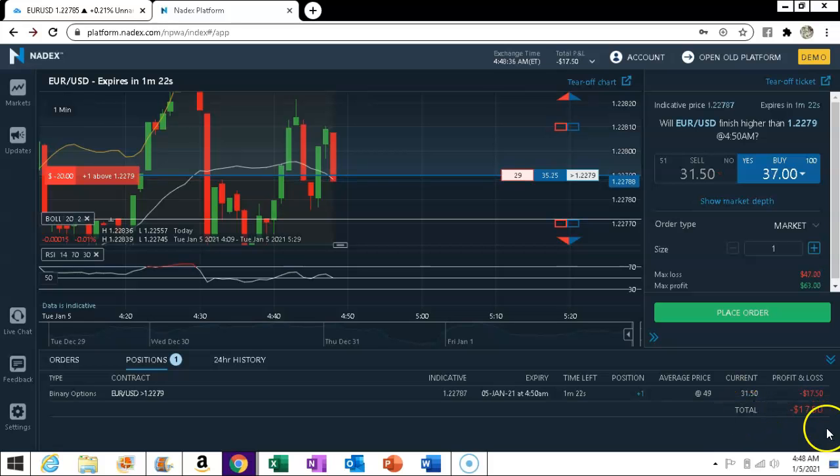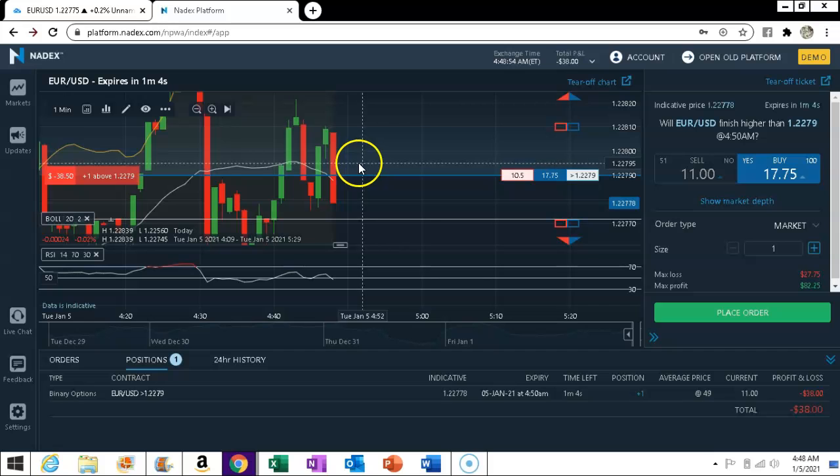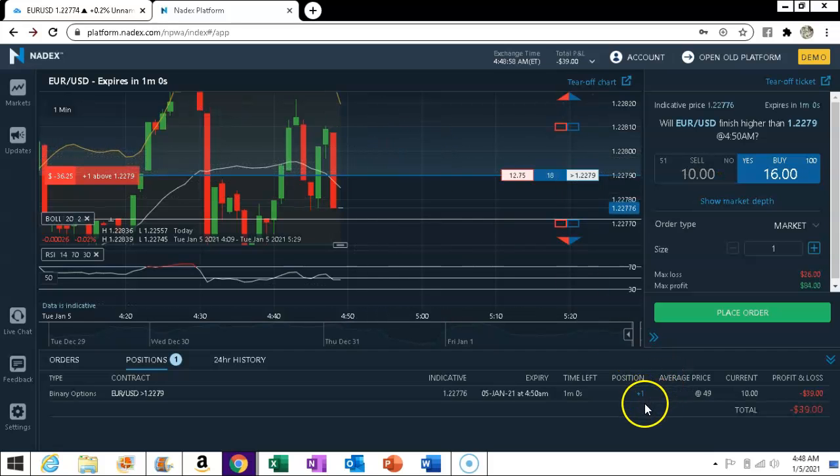So what happened was I placed a trade for a buy, which is a losing trade right now, and this is why I'm in my demo account. I stated that price would remain above this strike at the end of this binary option. And I took out one contract, which is right here, at the market price.